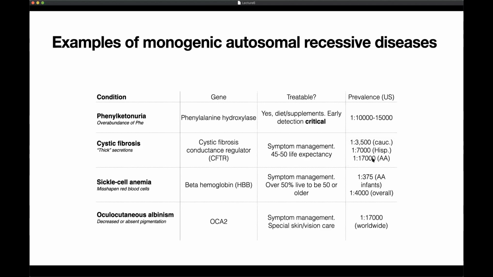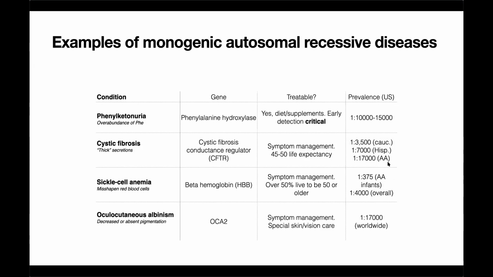One of the interesting things that you will notice about this disease is that it affects different ethnicities differently. So for instance, this disease happens to be the most common among Caucasians, about half as common among Hispanics, and only a quarter as common among African Americans.